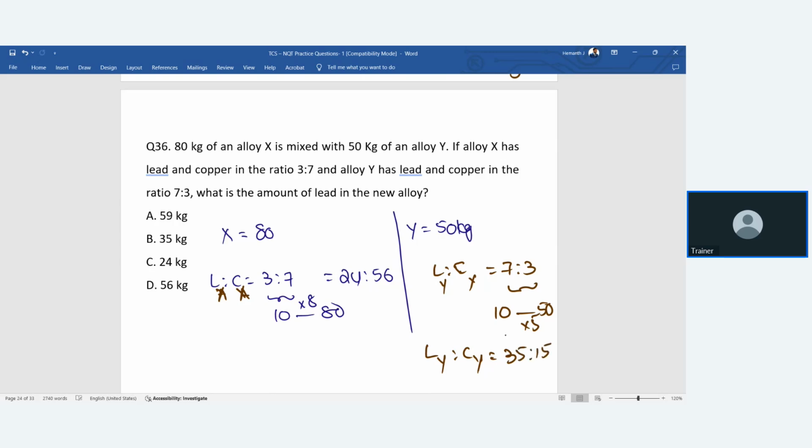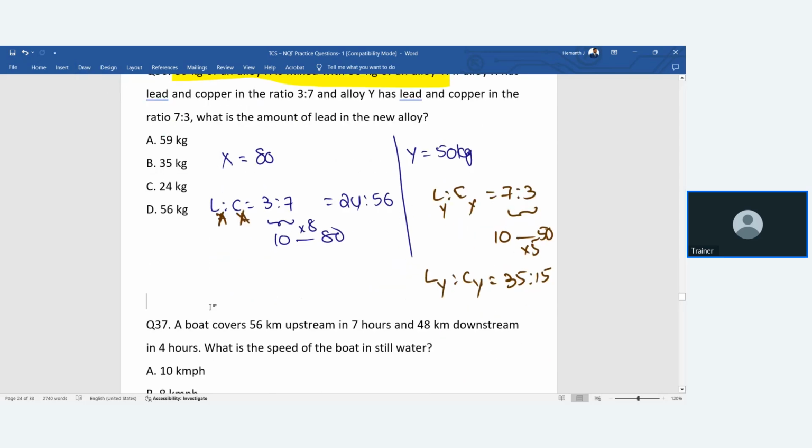Okay. Now what is the question? They have to mix these two. I think there is some data missing. So you have to mix. Okay, this new alloy is formed here. It's already given in the first line, not missed actually. It's added. This X and Y both are added.